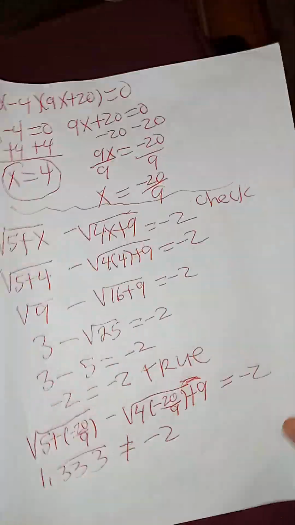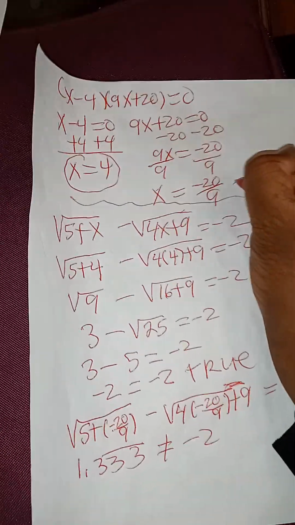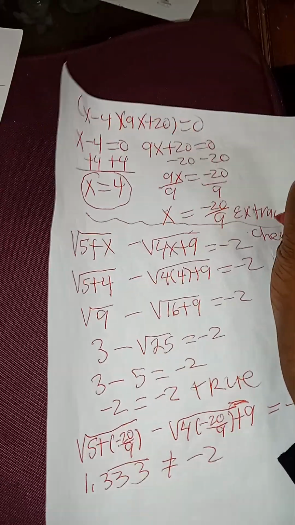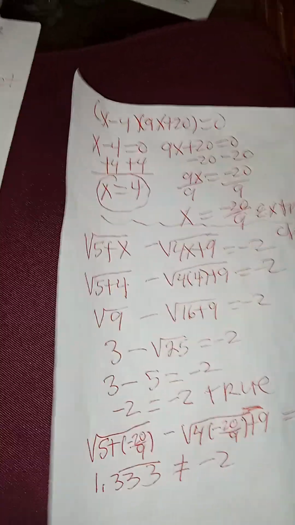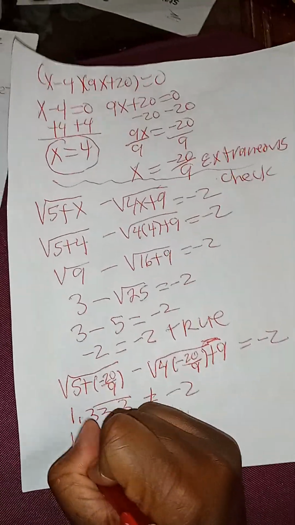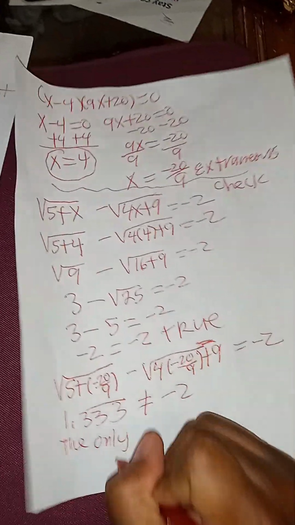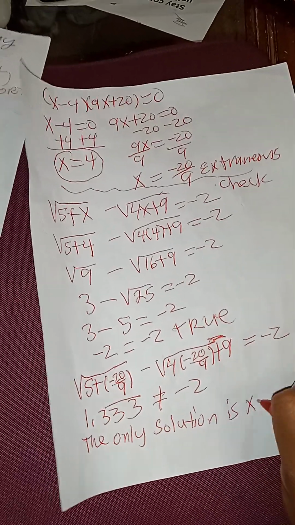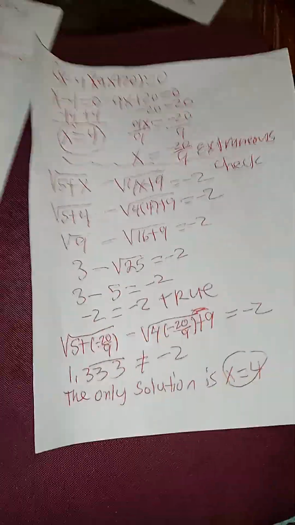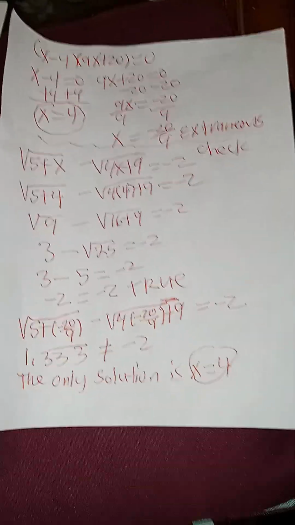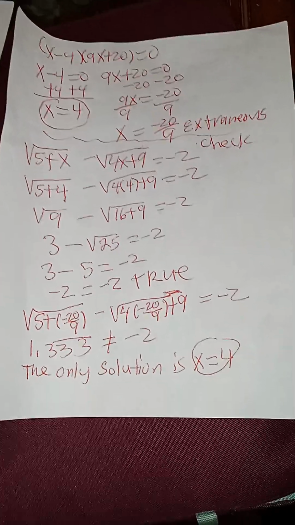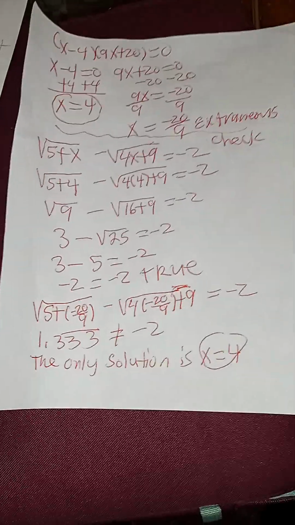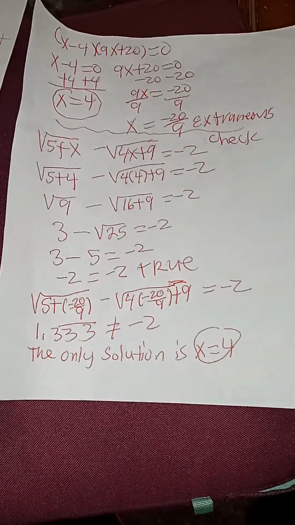So negative 20 over 9 is extraneous. So the only solution is x equals 4. Perfect. Let's have that marinate there. And that bar over the 3's means repeating.